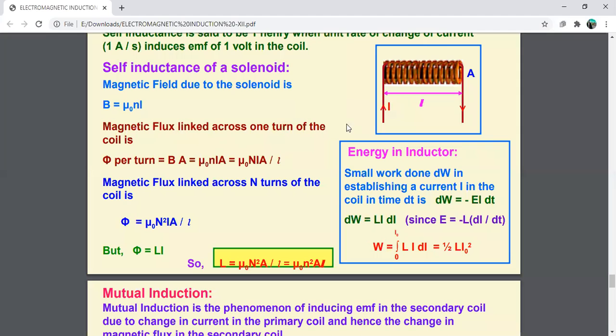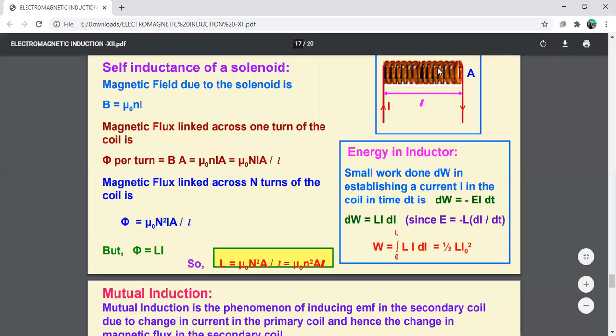Then what happens to the flux when there are capital N turns? This single turn flux is multiplied by capital N, so here it becomes N square. So mu naught N square into I into A divided by L. This is the magnetic flux.